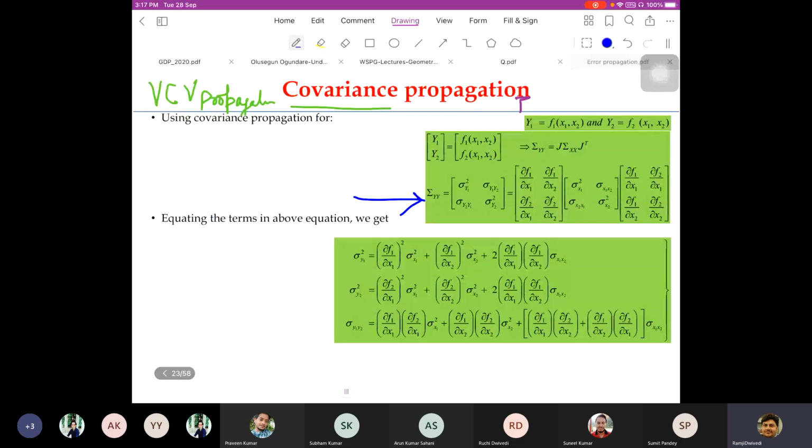You see here the sigma yy is nothing but, try to focus on the components. What are the components of the variance covariance matrix on both the left hand side as well as the right hand side? You just take a look at it.